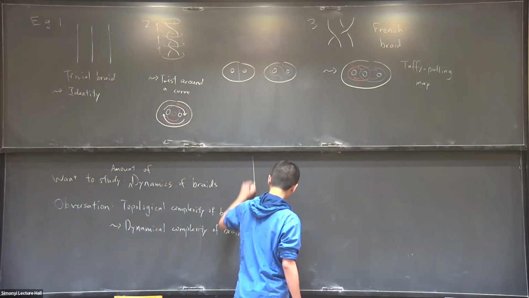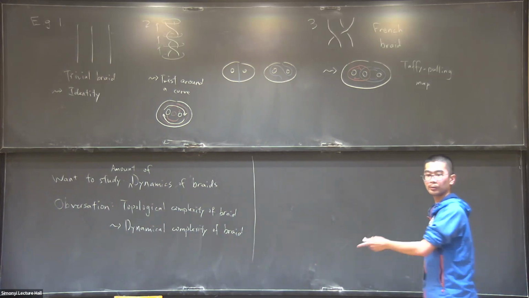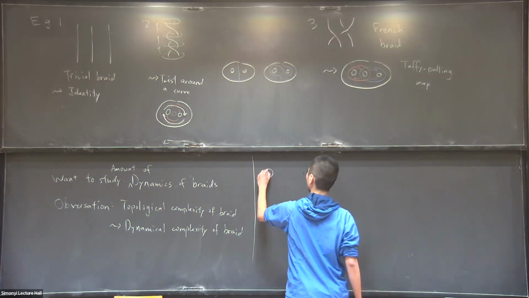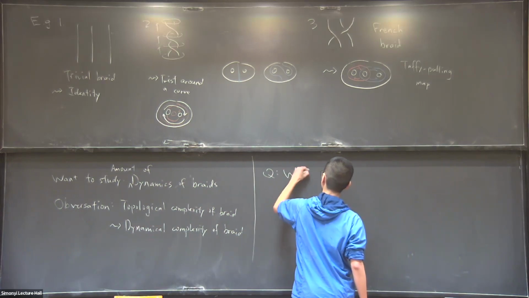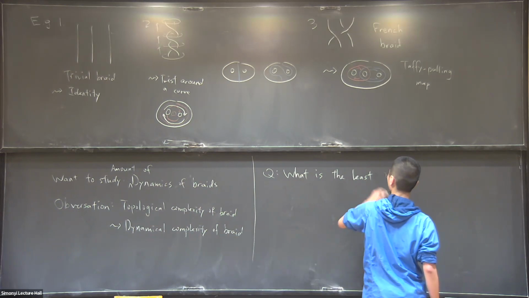The more interesting end of the spectrum is the lower end. So we want to know what is the least amount of dynamics that's contained in a braid.